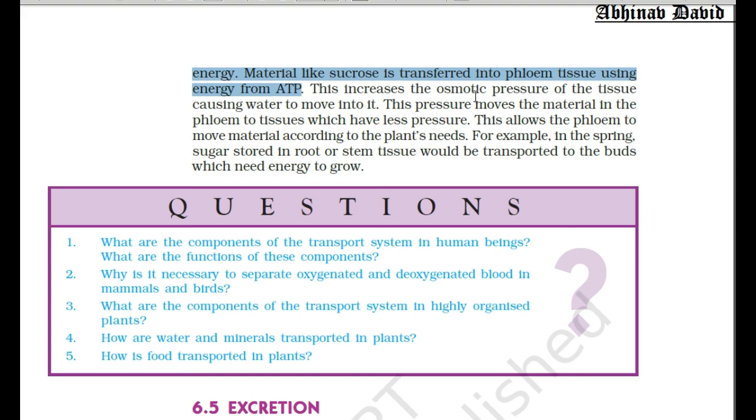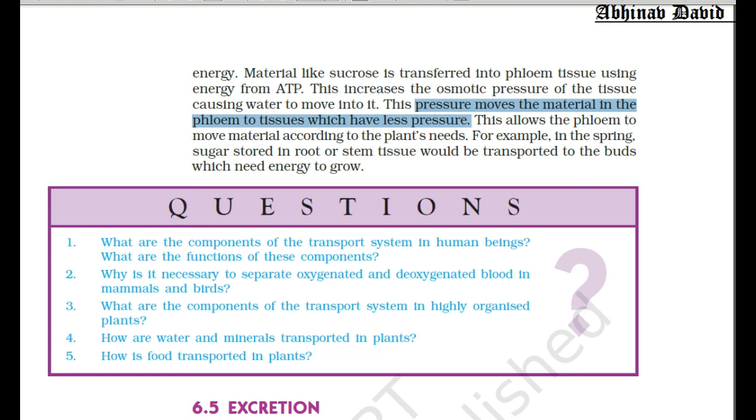This increases the osmotic pressure of the tissue, causing water to move into it. Now this line is not very correct, so don't write this line. First the food moves into the sieve tube, then the water moves into the sieve tube, and then the osmotic pressure increases, and the pressure increases inside the sieve tube.